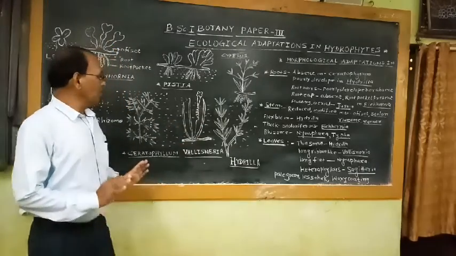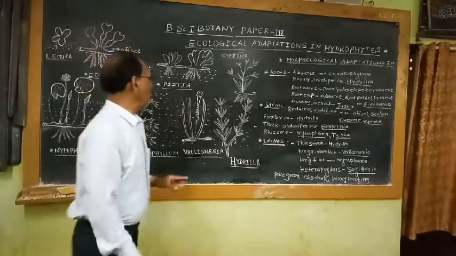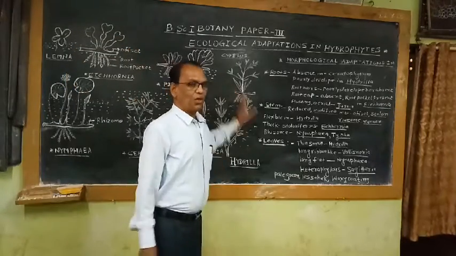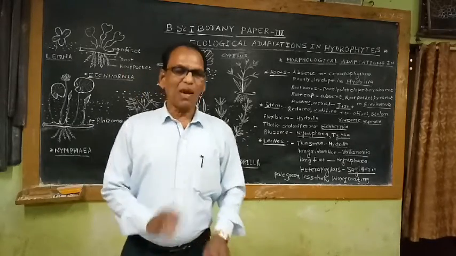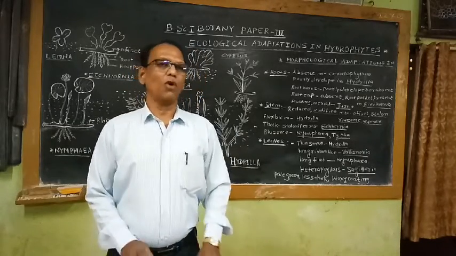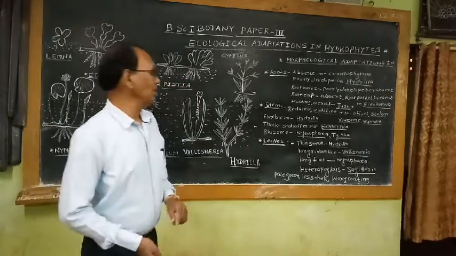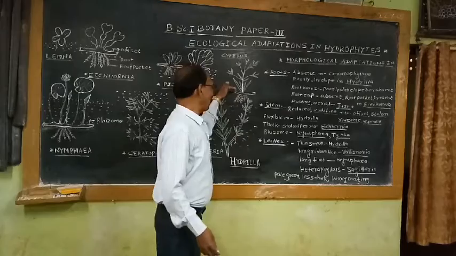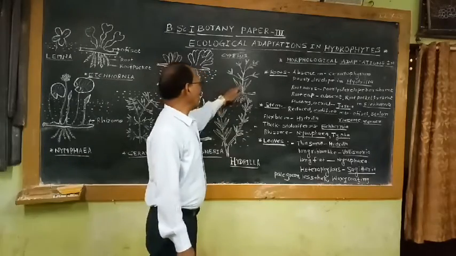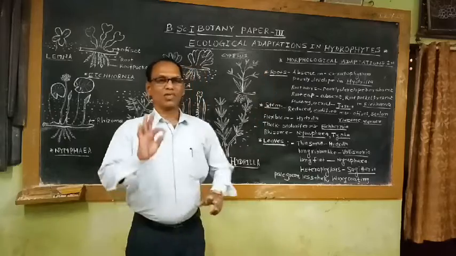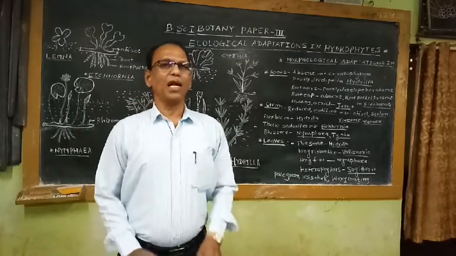The third group of hydrophyte is commonly known as amphibious hydrophytes. Why are these plants known as amphibious hydrophytes? Because these plants are commonly found in shallow water bodies, and in these plants some part of the plant is in the muddy substratum, and all other organs, leaves, inflorescence axis, flowers, fruits, etc., are produced in aerial atmospheric conditions.